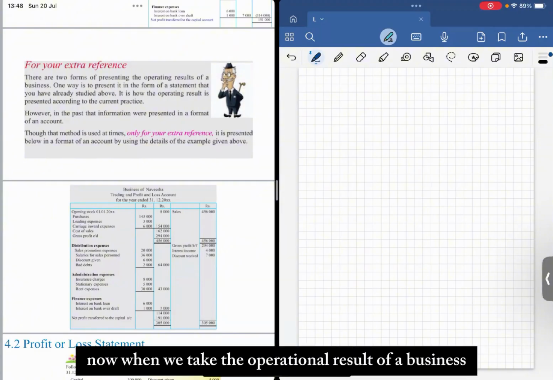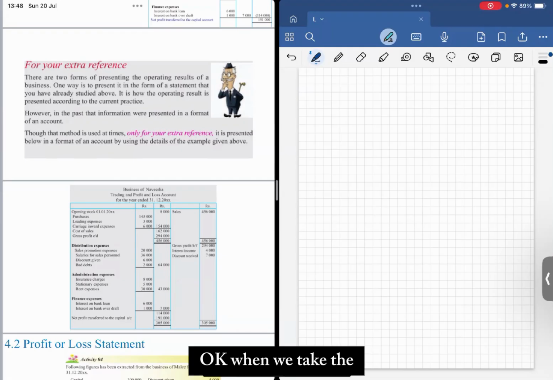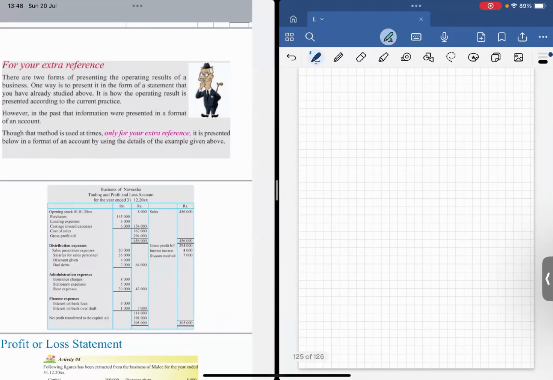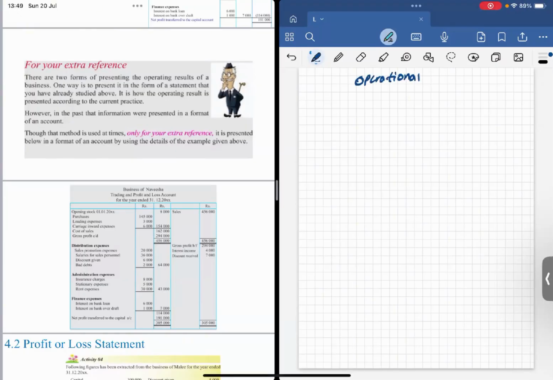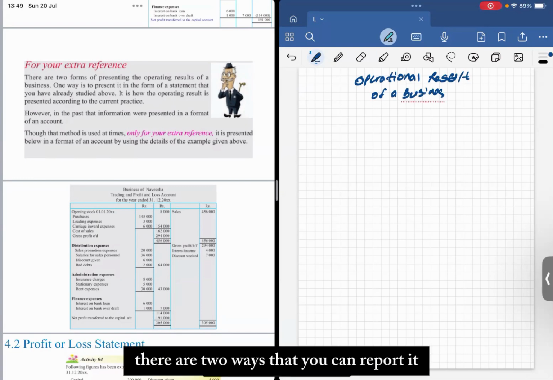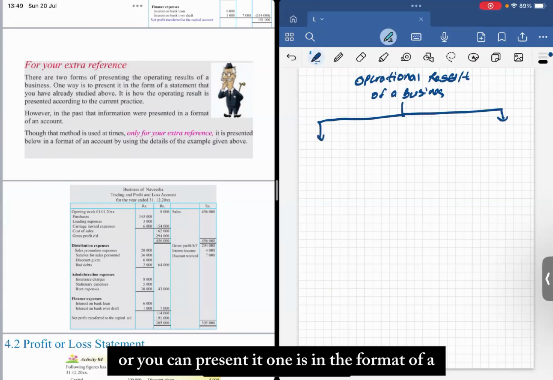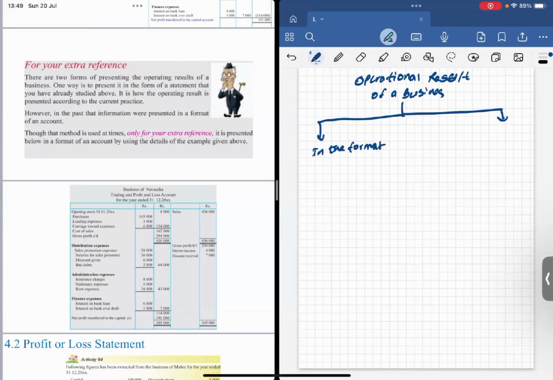So when we take the operational result of a business, there are two ways that you can report or present it. One is in the format of a statement.